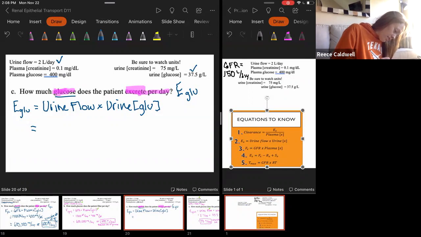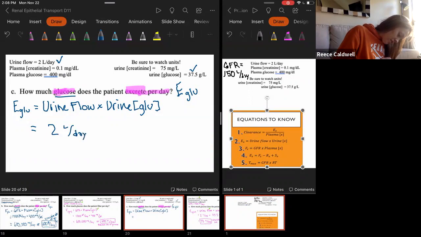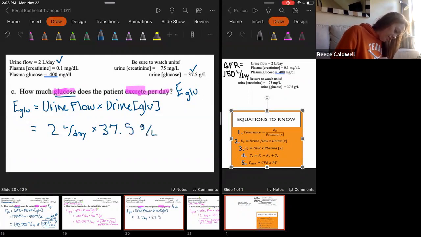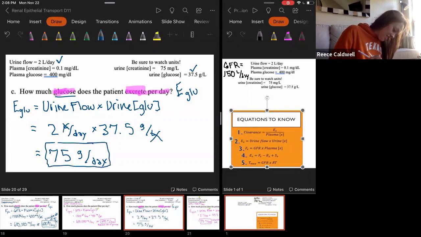When we solve this out, we get 2 liters per day times the concentration of glucose in the urine, which is 37.5 grams per liter. We are left with 75 grams per day, because those liters will cancel out. That tells us how much glucose we are excreting in the urine per day.